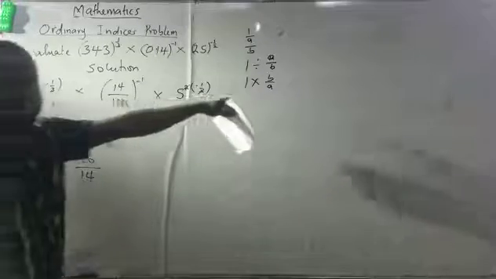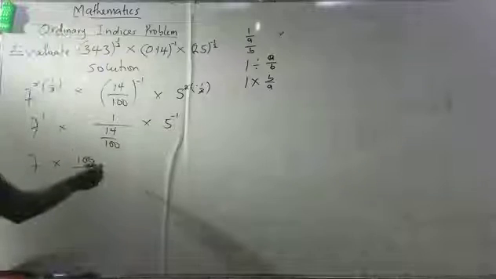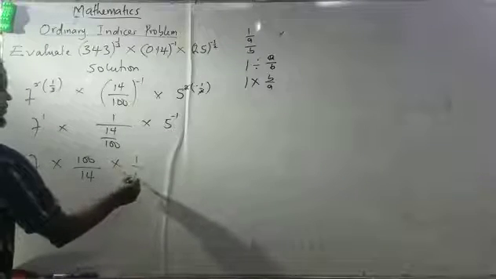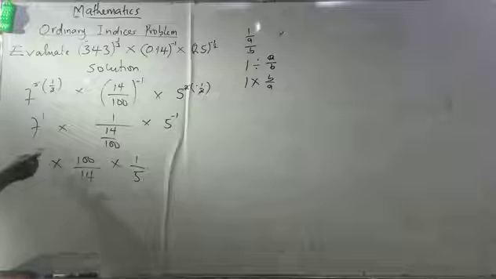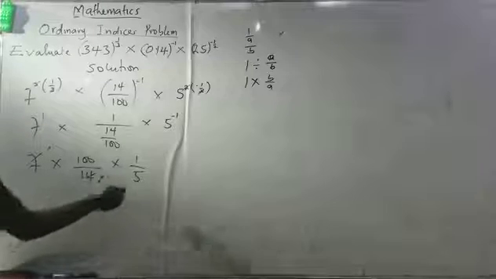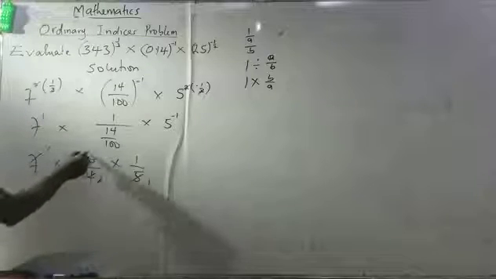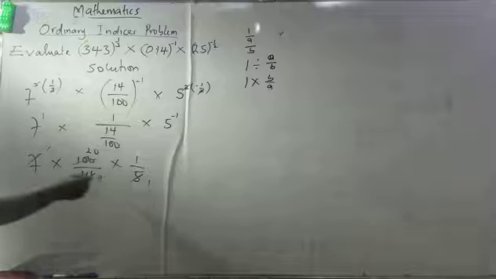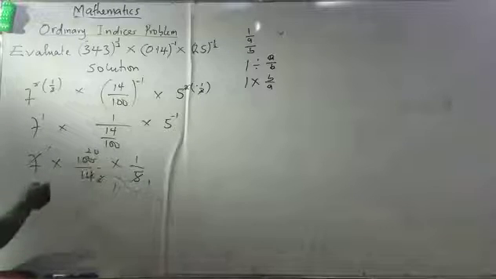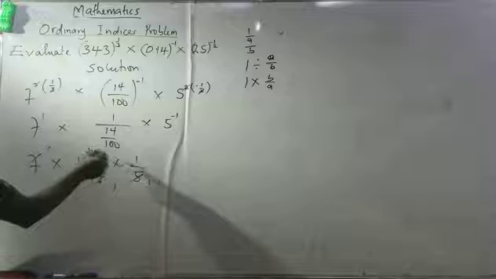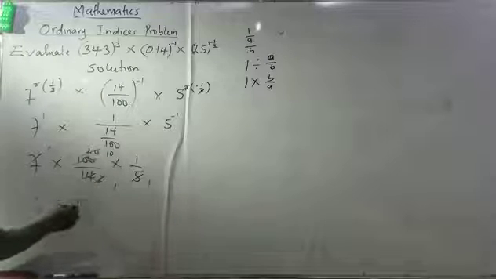That is what I just did here. Which is going to be multiplied by 1 all over 5. 2 times 1 is 2, 2 times 5 is 10. My answer remains as 10.